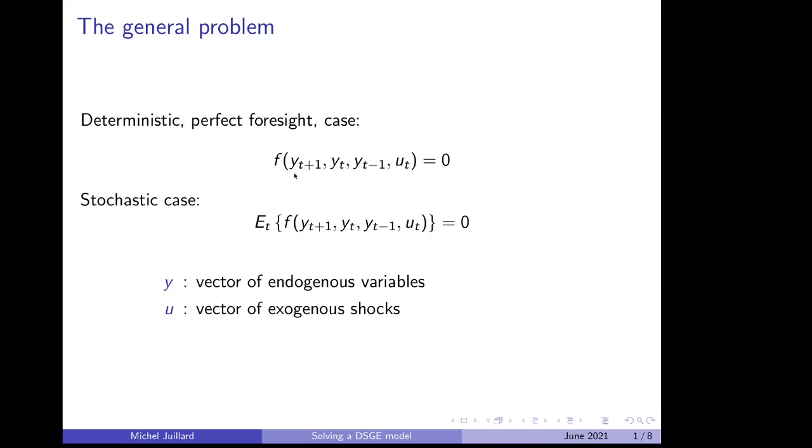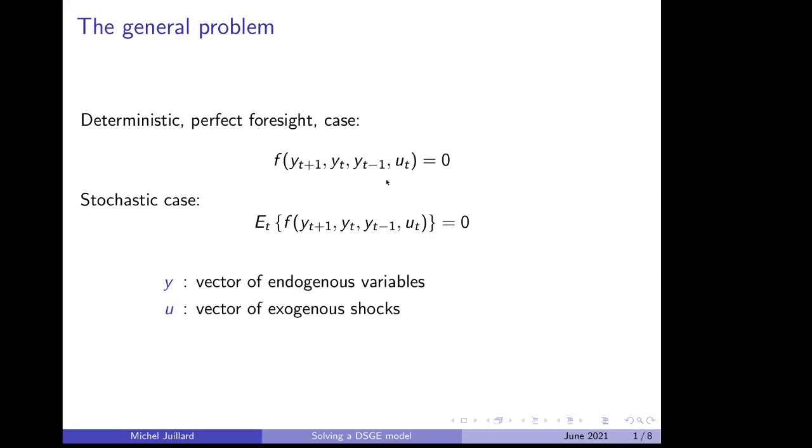Now you observe that in each of the equations of the model f will appear a vector of endogenous variables yt, but those variables can also appear as yt plus 1 at the next period or at the previous period.